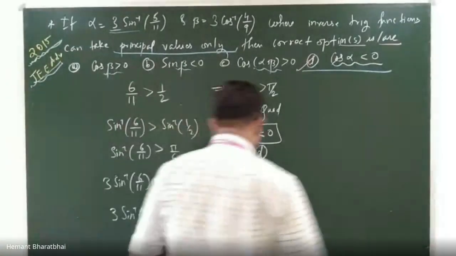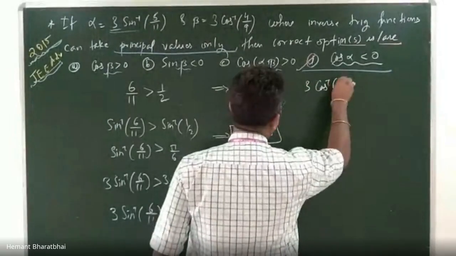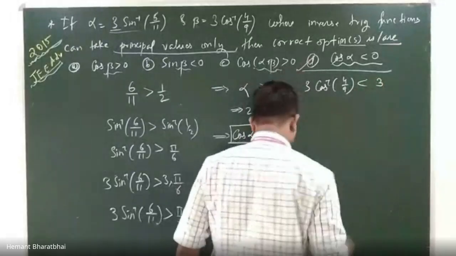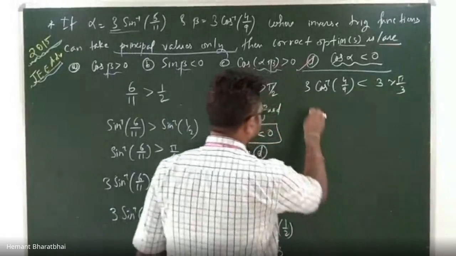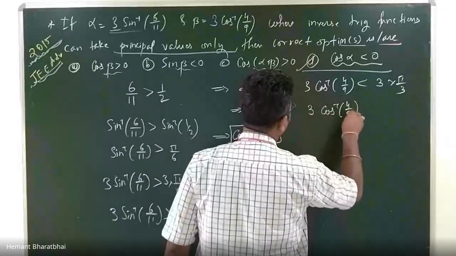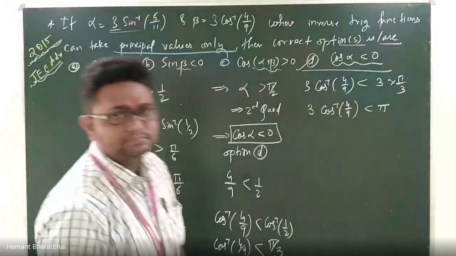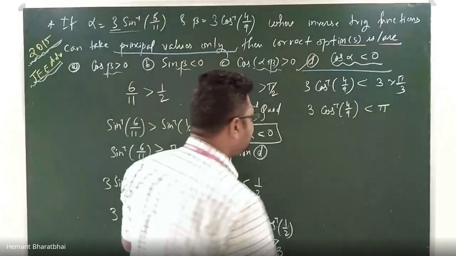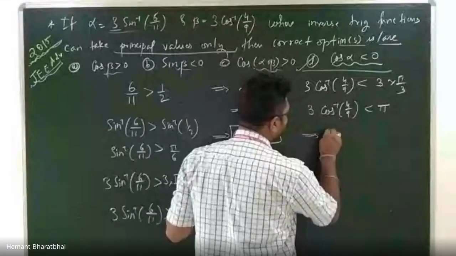Therefore I can write 3 cos inverse of 4 by 9 is less than 3 into pi by 3. So 3 gets cancelled, and I'll get 3 cos inverse of 4 by 9 is less than pi. And this 3 cos inverse of 4 by 9 is nothing but beta. So we get to know that my beta is less than pi.